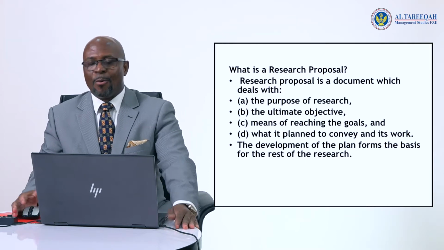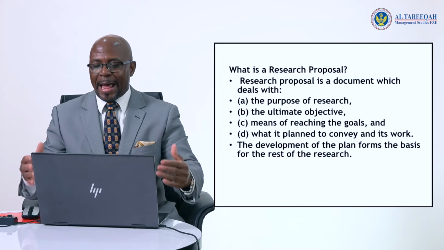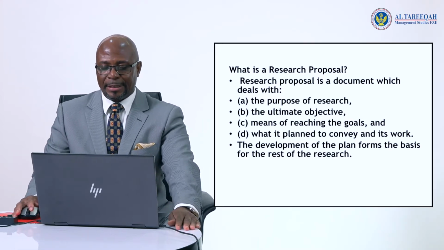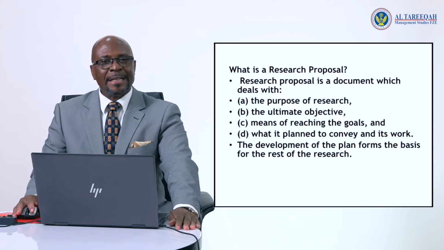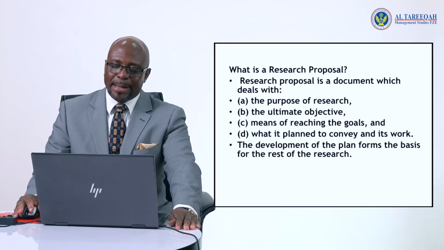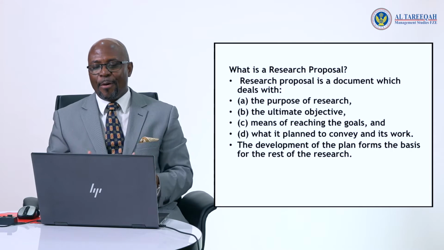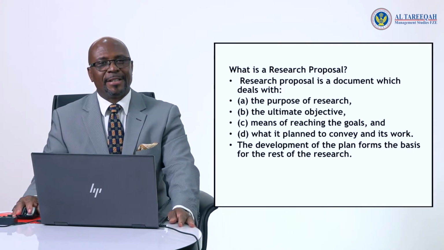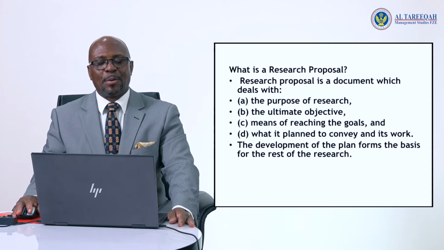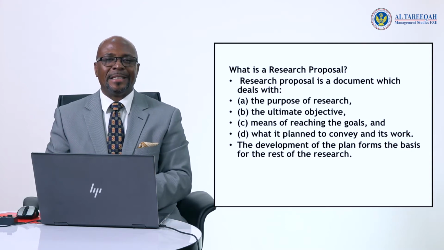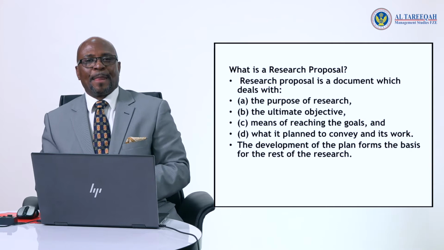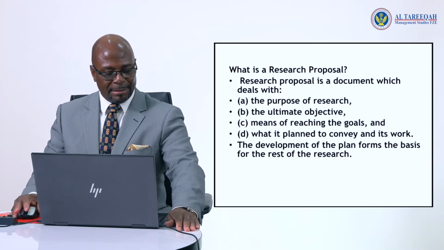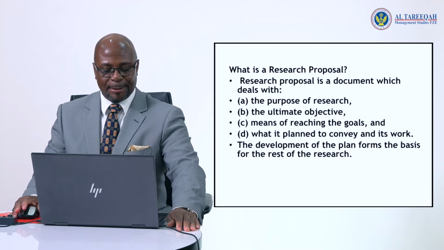Four, what the research planned to convey and how it will be done. This will include the development of the plans, forms, and basis for the rest of the research. So, a research proposal is a document that will give you all this information that will be required for your research.